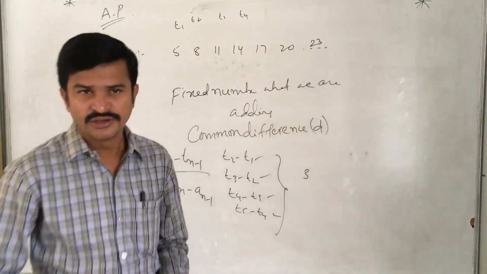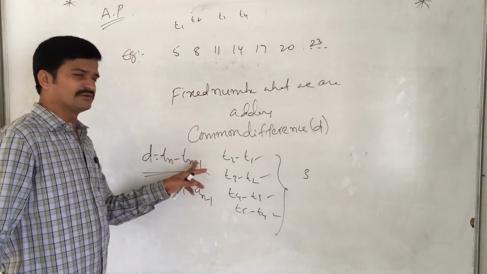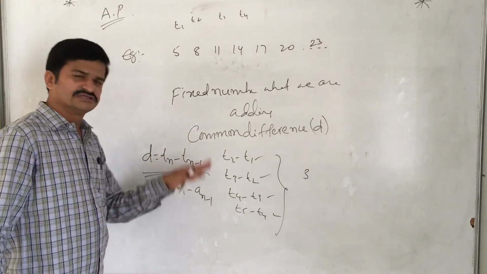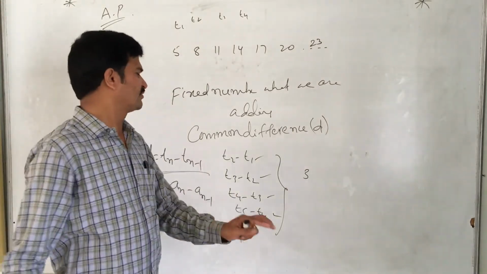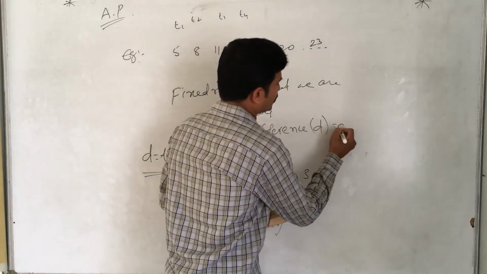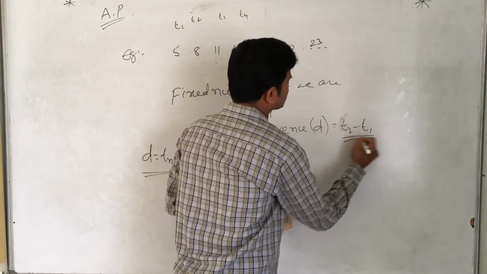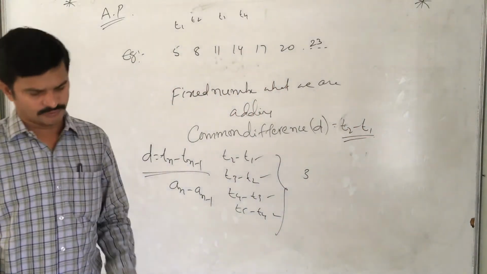Or simply remember the common difference D is equal to T2 minus T1.